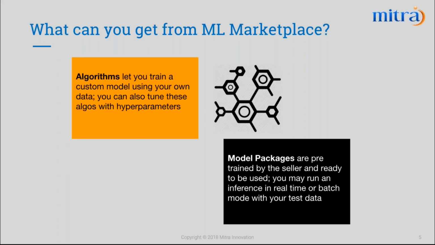So let's look at what you can actually get from the marketplace. When you go there, you can see algorithms as well as model packages. And algorithms are for the more experienced users who want to customize their own models and who want to do hyperparameter tuning and do a lot of modifications on top of the existing algorithms and train it with their own data set.